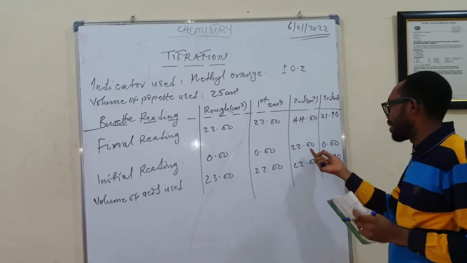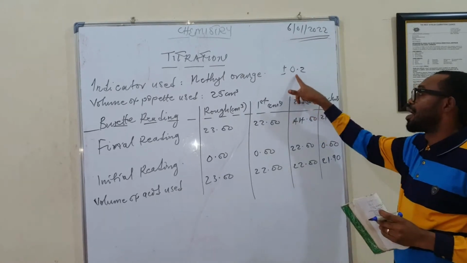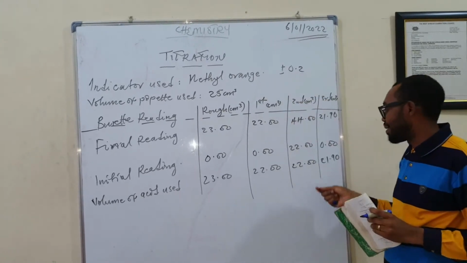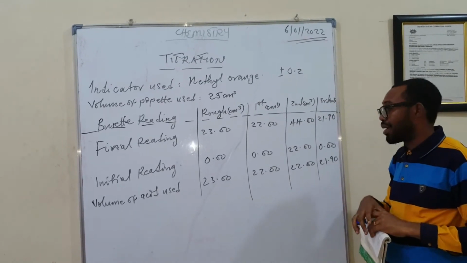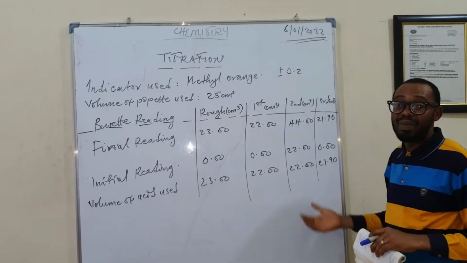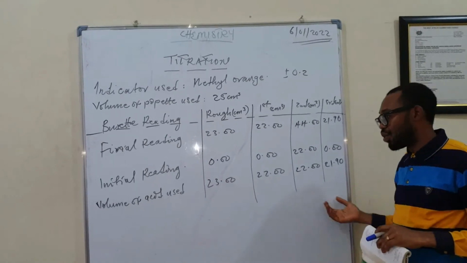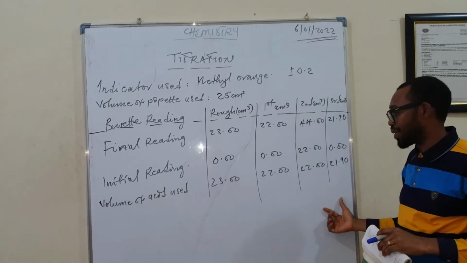So if you check your readings, whether you are subtracting or adding, and it is more than 0.2, you have to go back and check or even do the experiment again so that you won't lose marks for accuracy. Is that clear?